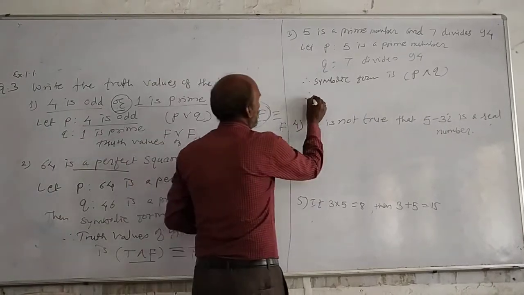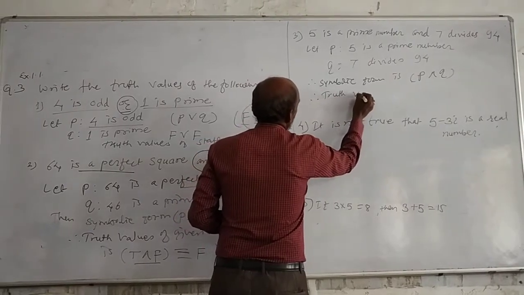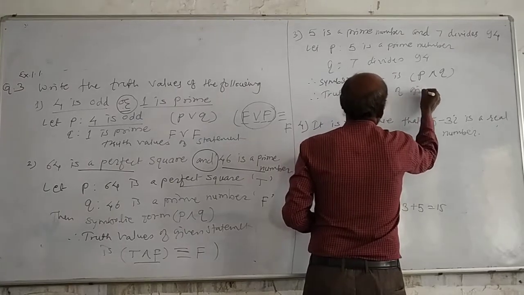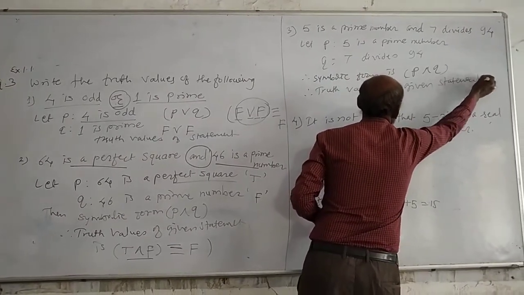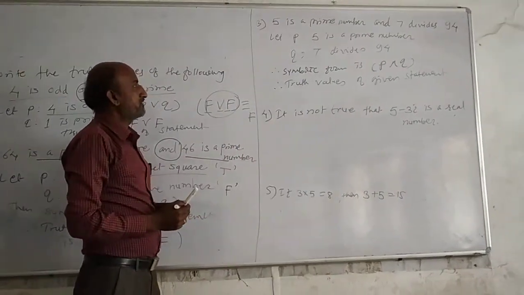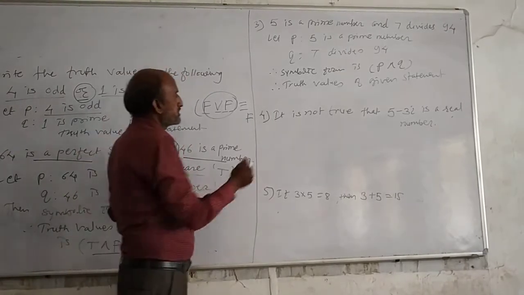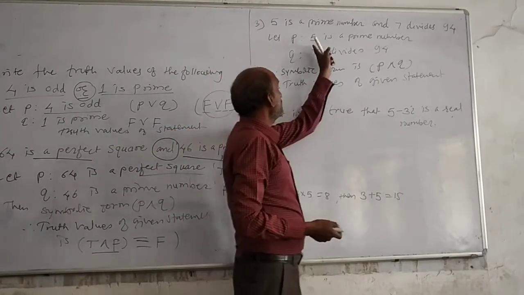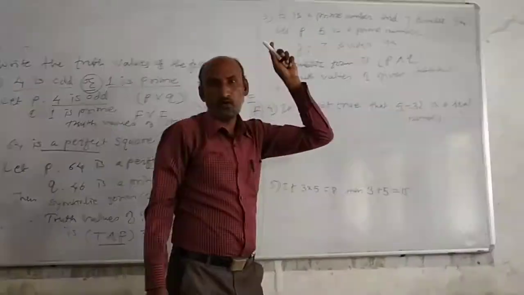Therefore, truth values of the given statements. First statement was 5 is a prime number. Is this statement true or false?